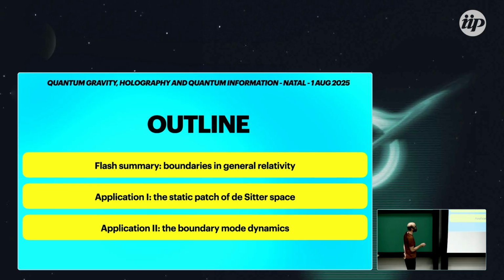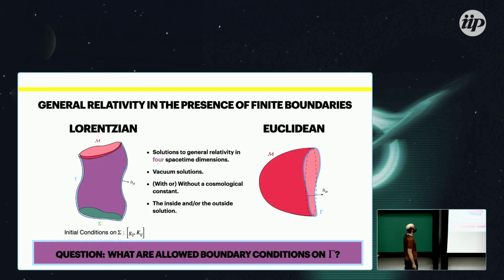The first one related to this story about thermodynamics of the static patch. And the second one related to trying to apply holography and trying to get at least, well, a little bit more microscopically into what these boundaries are doing in a plausible dual theory. Okay? So let's get into it.